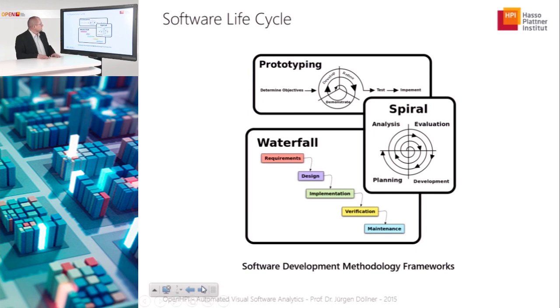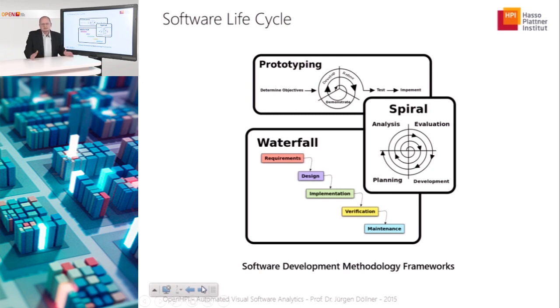There's also a key method around that aims at rapid prototyping. At prototyping software systems, we determine our objectives, develop, refine, and demonstrate, and we end up with testing and implementing artifacts.